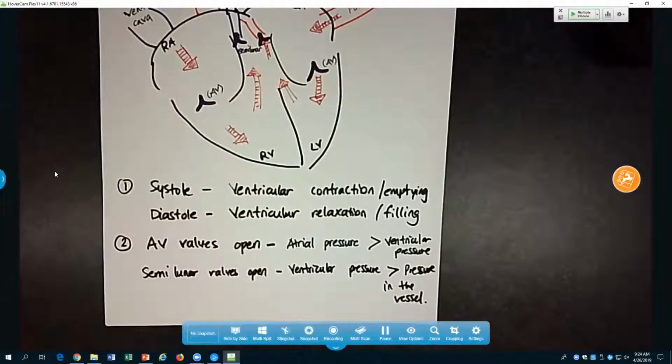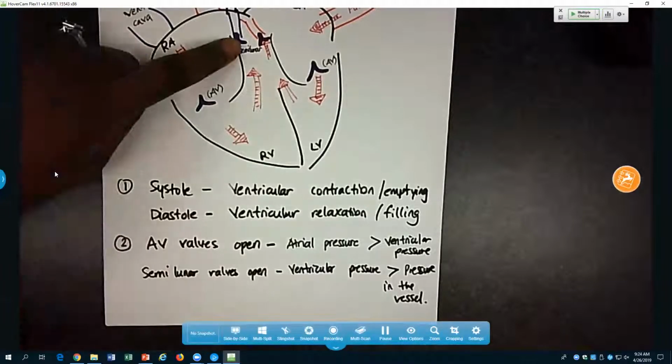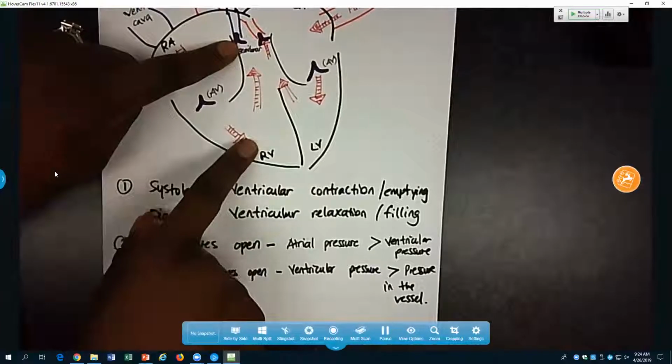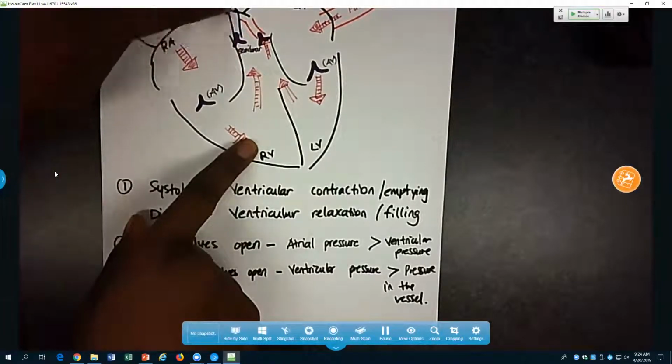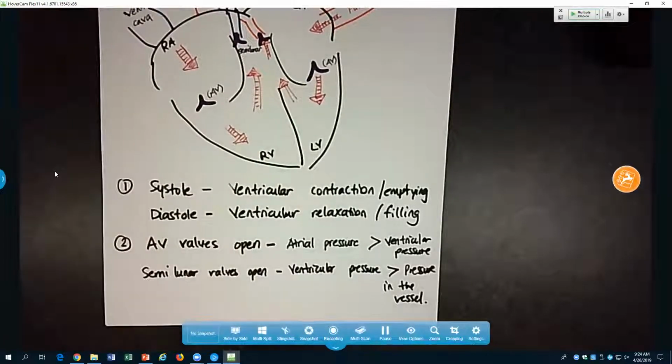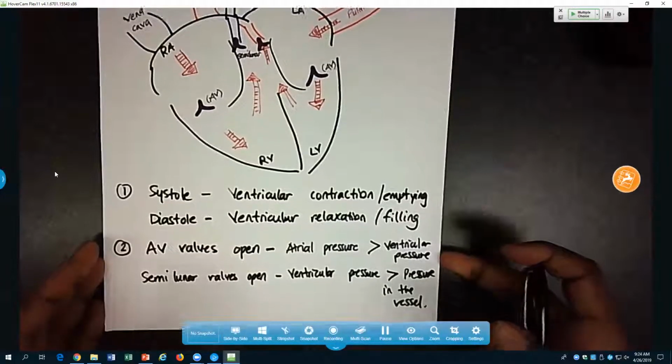Okay, meaning that in order for the semilunar valve to open, the pressure in the right ventricle must be greater than the pressure in this pulmonary artery or the vessel. Okay, and so when the pressure gradient is just right, this valve passively opens and blood can move from one chamber to the next chamber or from one chamber to the vessel that's exiting the heart.